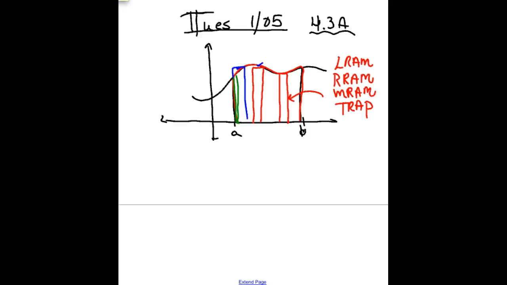Keep in mind these are still way too big, because the base of the rectangle should be so close to 0, like 0.0000000 and so on. If I make an infinite amount of them that thin, and continue making those rectangles all the way over to B, I would get the exact area under the curve.